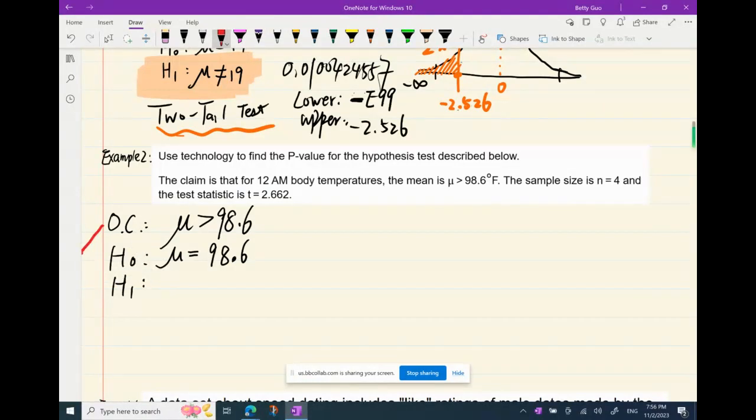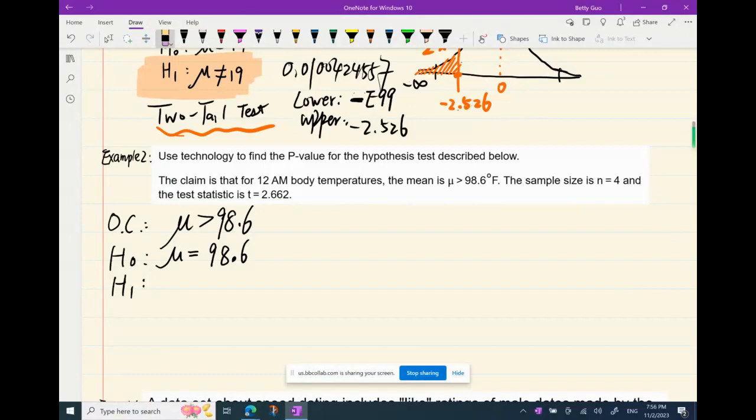Another very important thing about this component is that the original claim has to be either the same as the null or the same as the alternative.